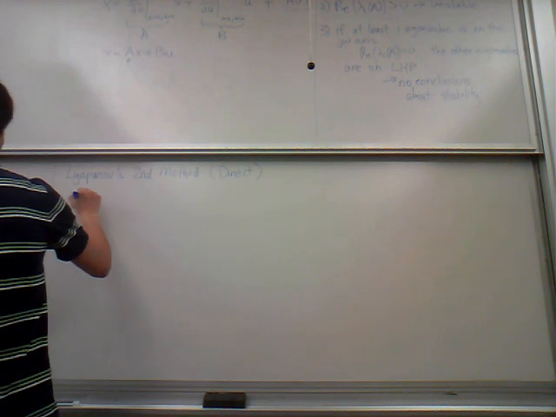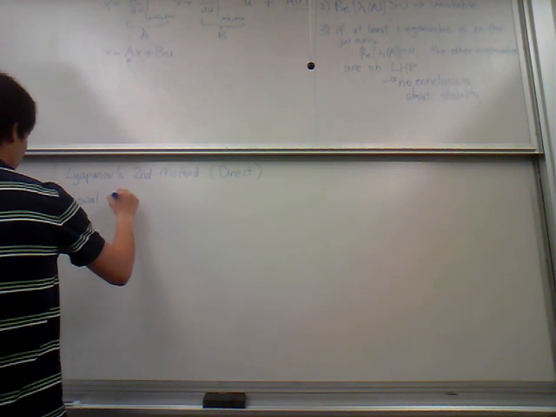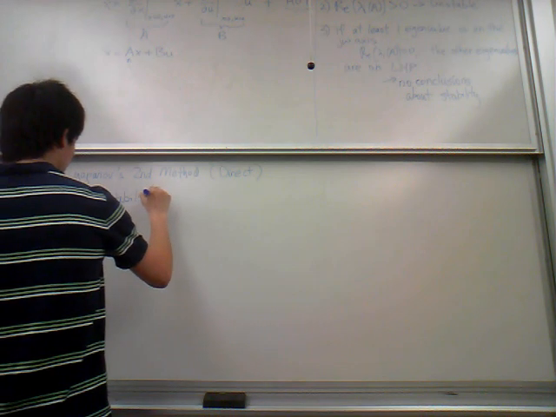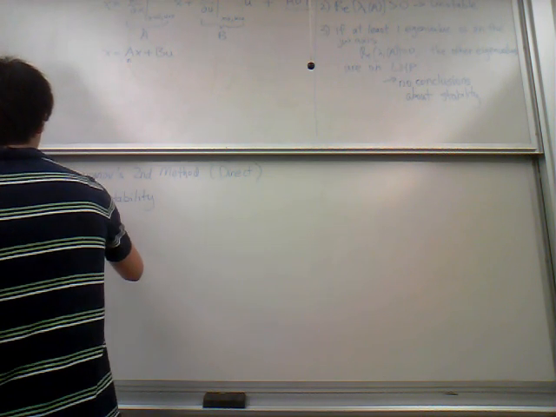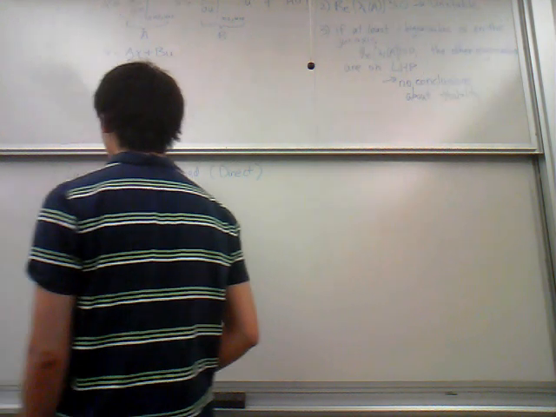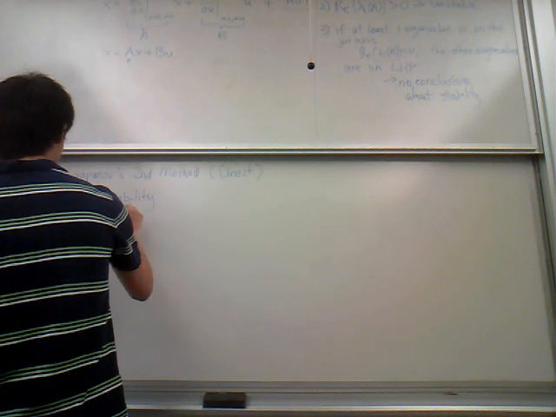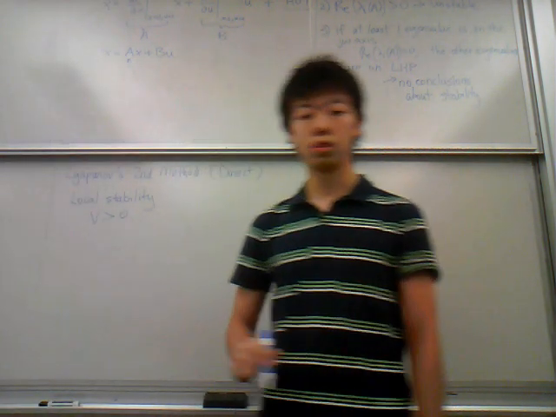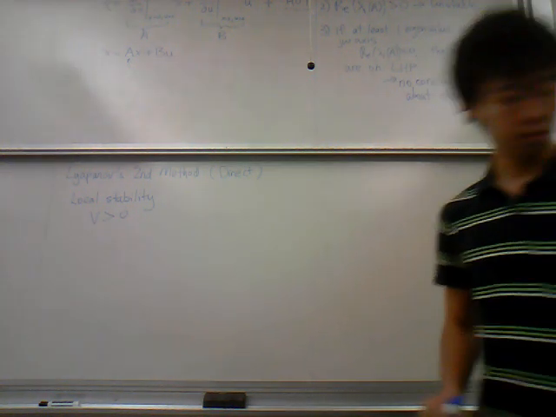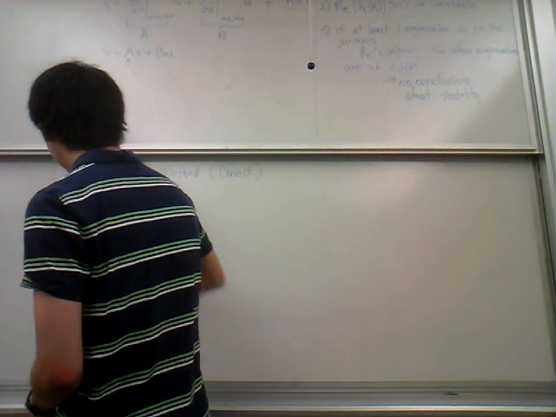So for local stability, we try to find a V of x that's positive definite.